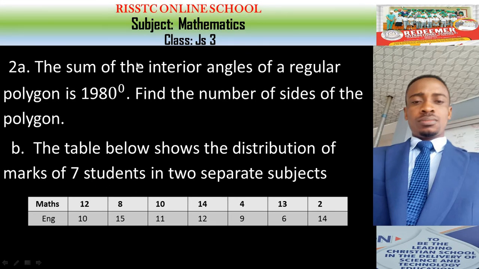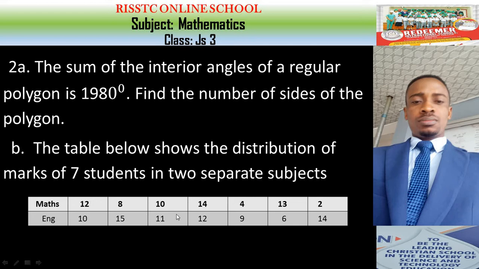2a. The sum of the interior angles of a regular polygon is 1980 degrees. Find the number of sides of the polygon. Question 2b. The table below shows the distribution of marks of 7 students in 2 separate subjects.